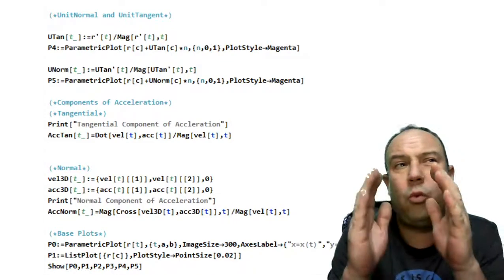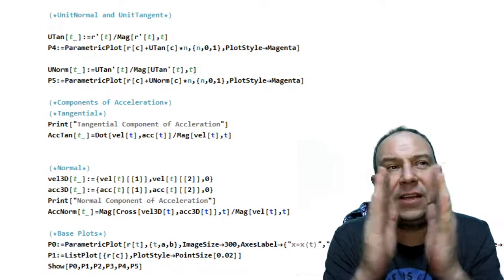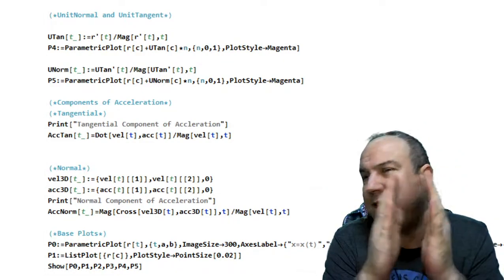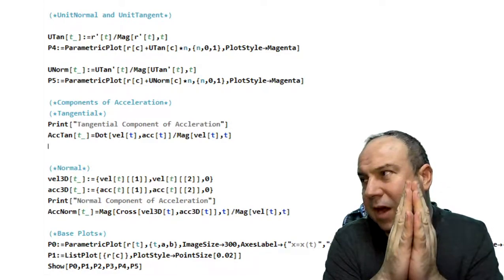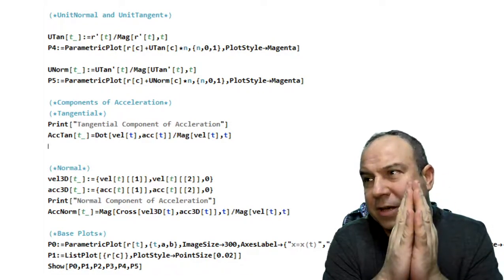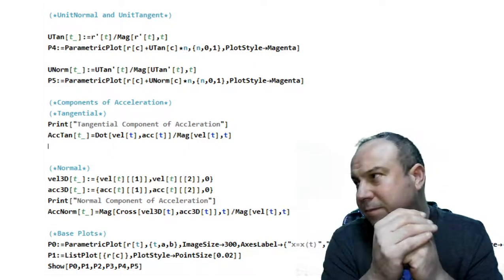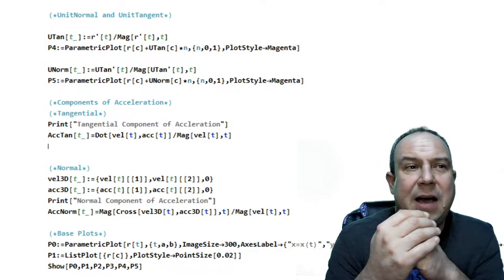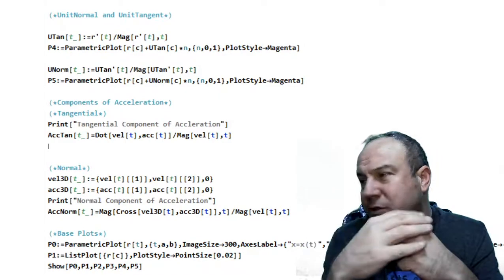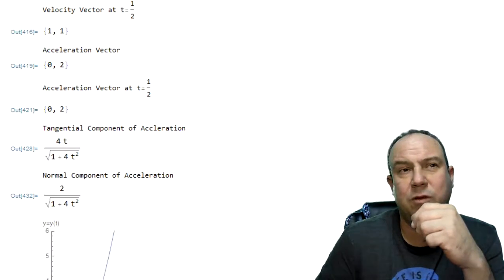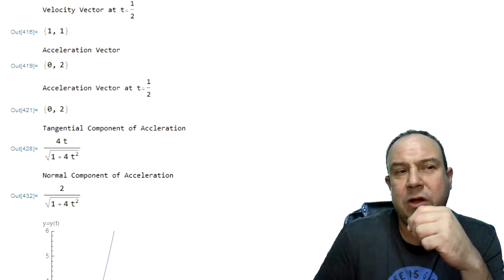What do the tangential and normal components tell us? They are scalar values, right? They aren't vector values, they're scalars. Meaning when we multiply them by a vector, they scale that vector, right? They cause that vector either to grow in size or shrink in size.